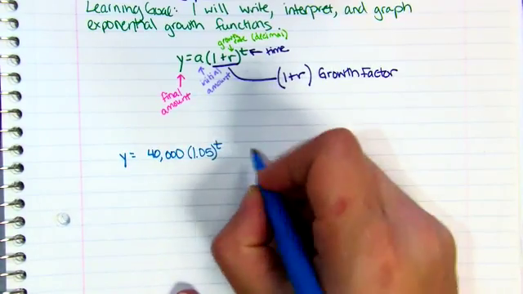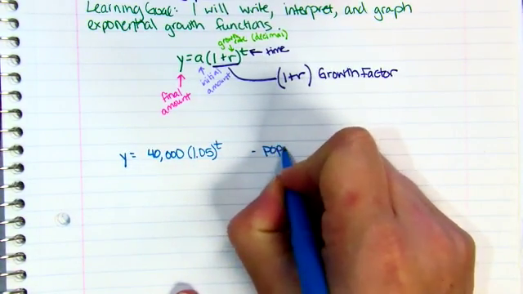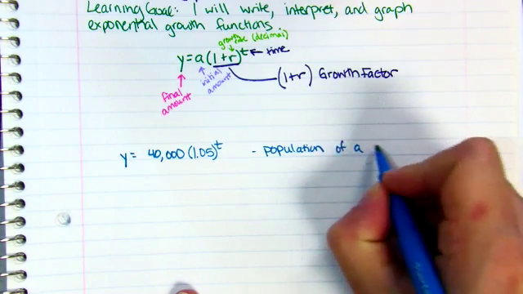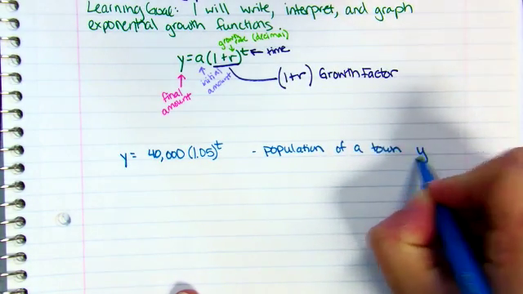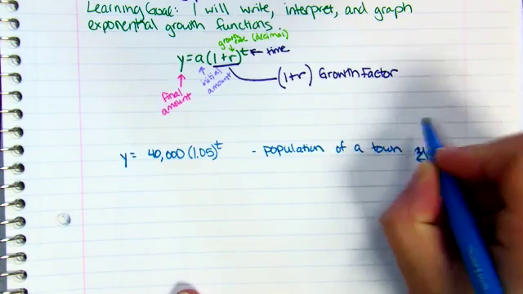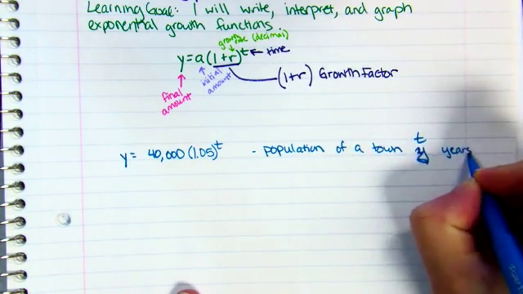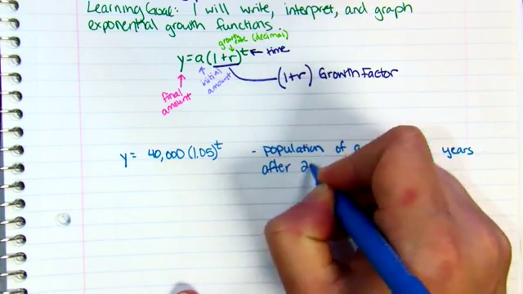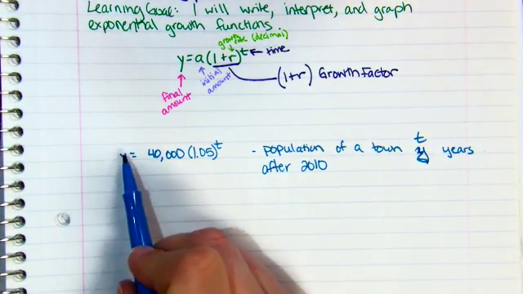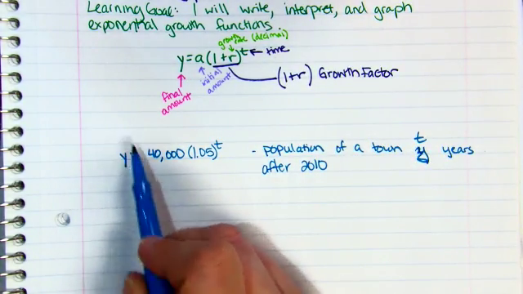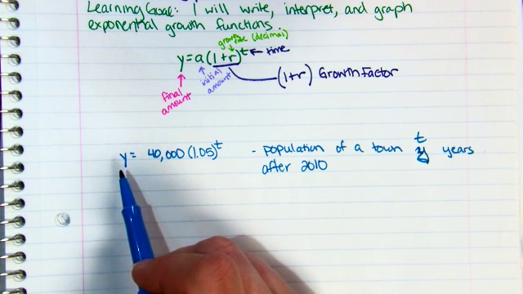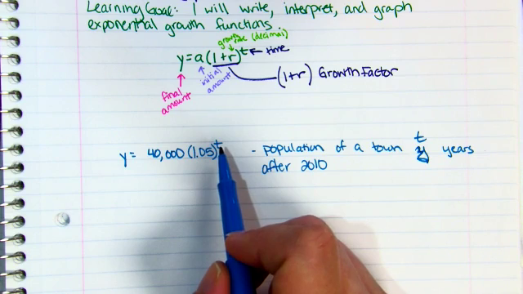And this is representing the population of a town t years after 2010. So y is going to be the population t years after 2010. So like 2015 would be 5 years later.